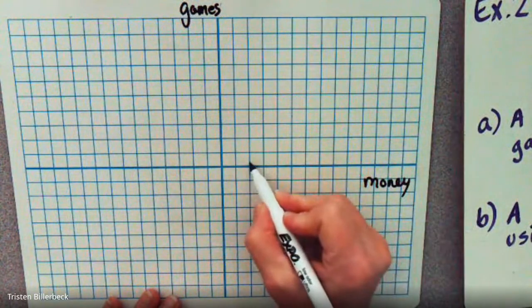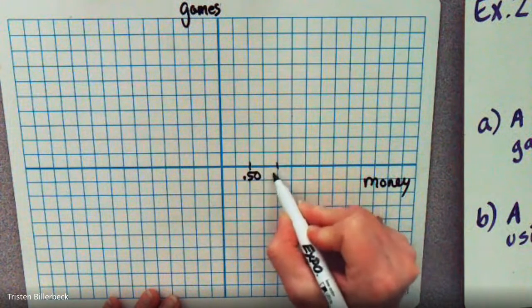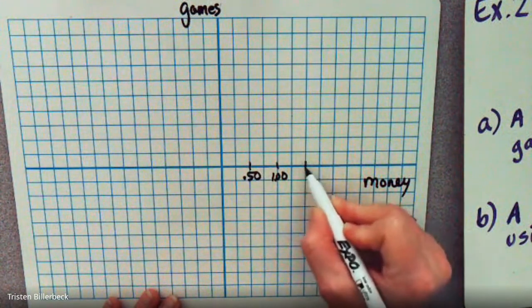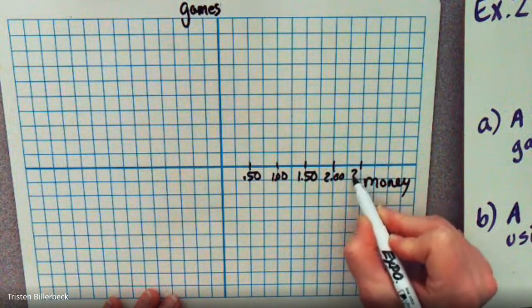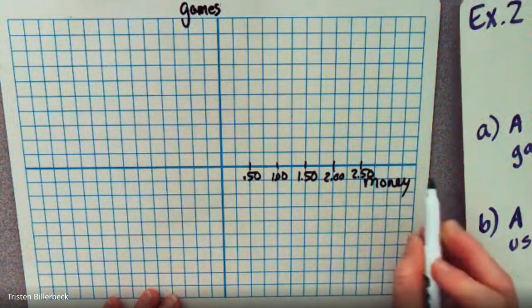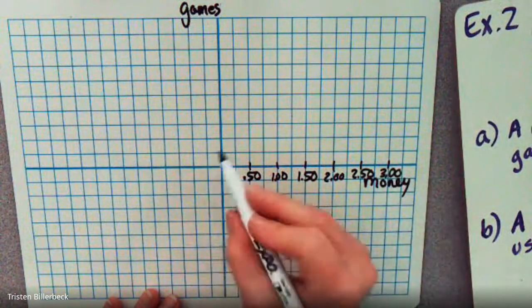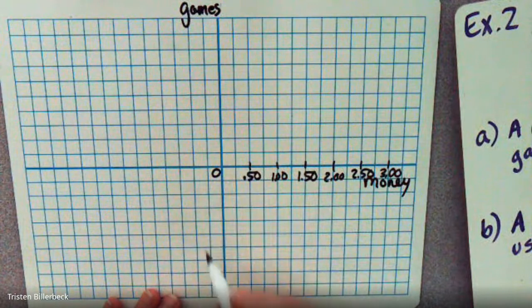Okay, so we're going to do 50 cents, $1, $1.50, $2, and $2.50. Okay, we can go to $3. We might get a little addicted to the game. But if we don't put any money in, we're playing 0 games.